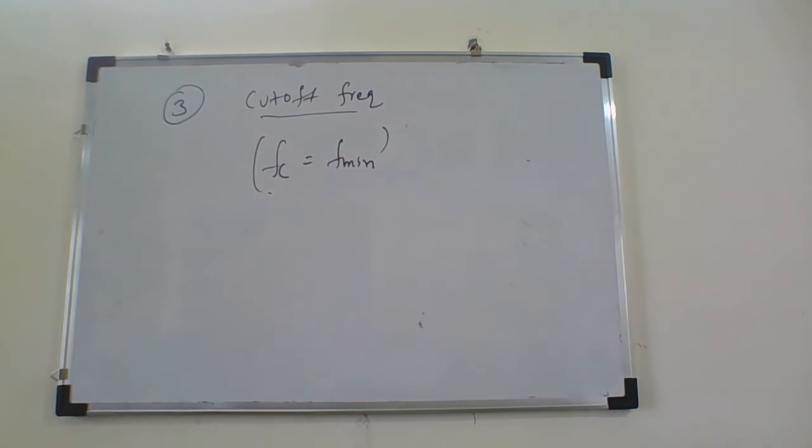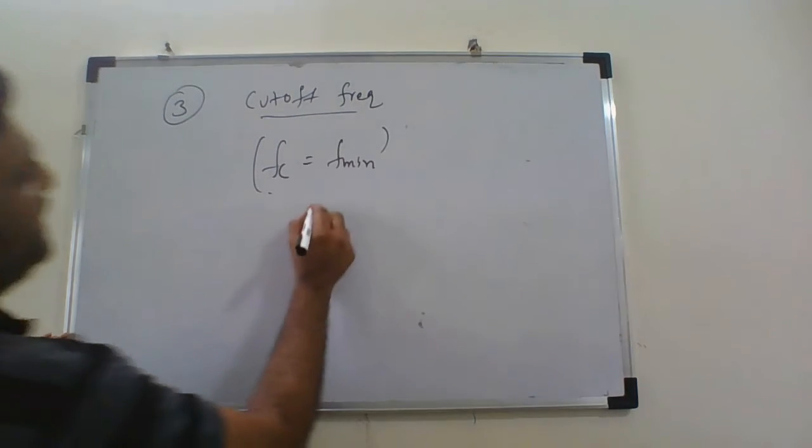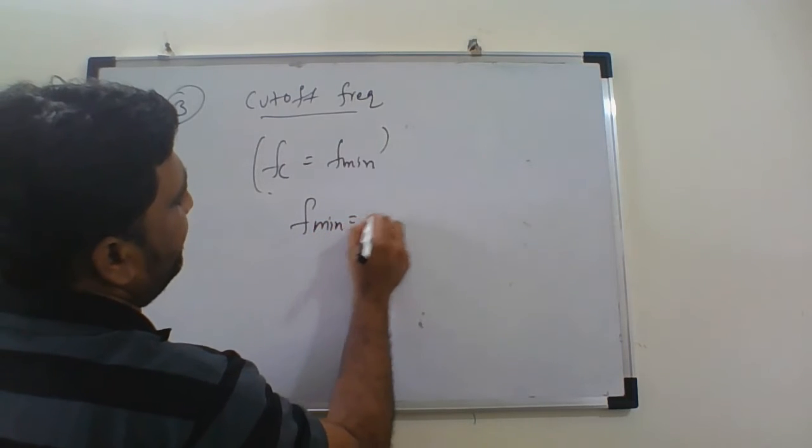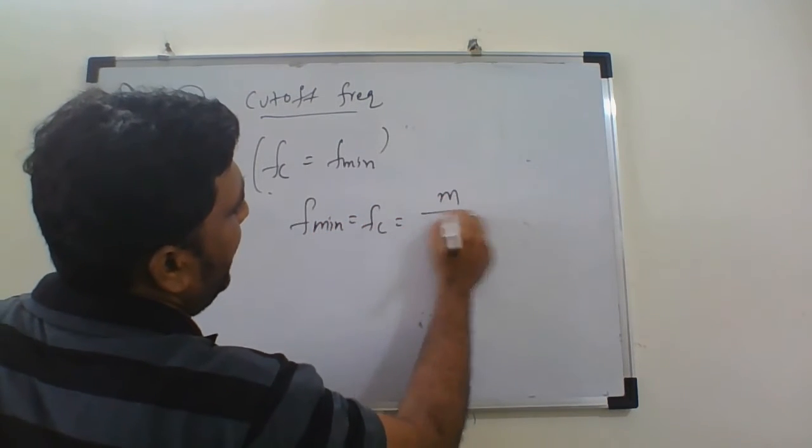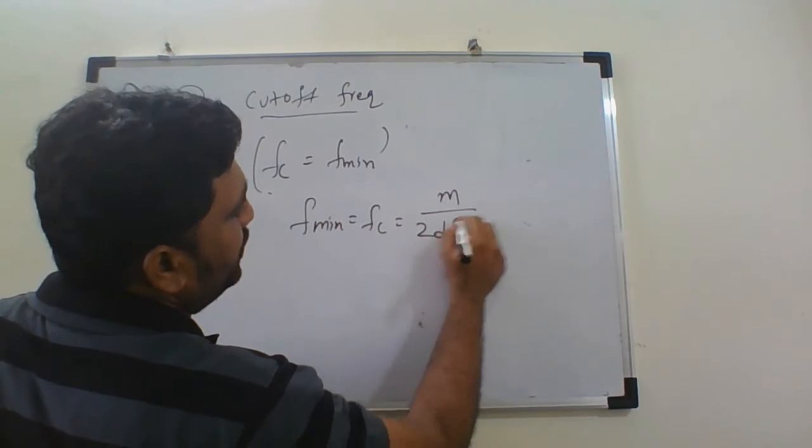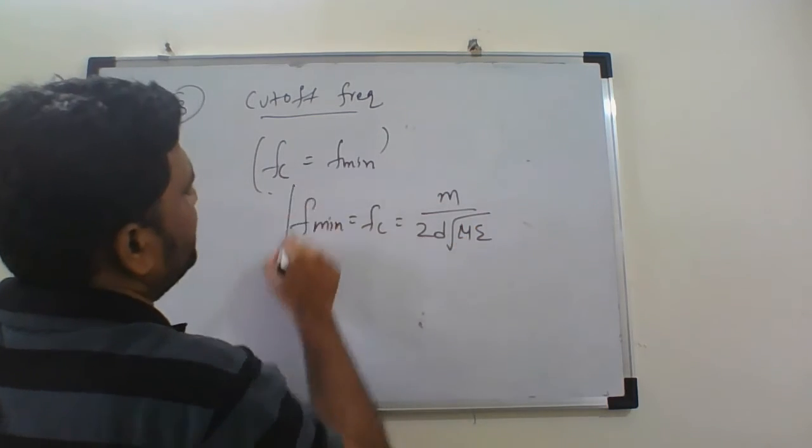So here also the same expression is valid. I'm just writing the expression. So f minimum or f cutoff is equal to m by 2d into root of mu epsilon.